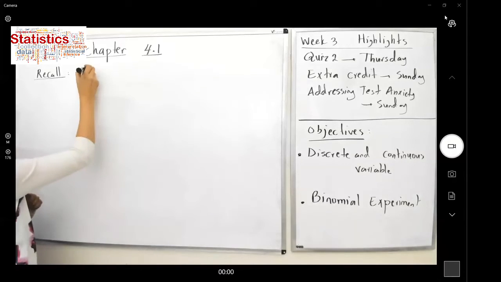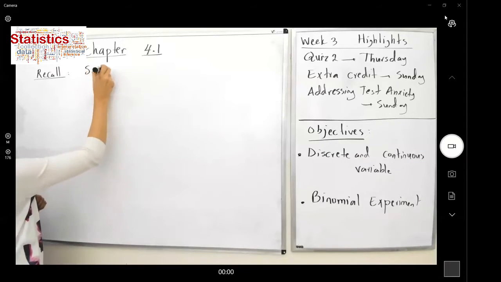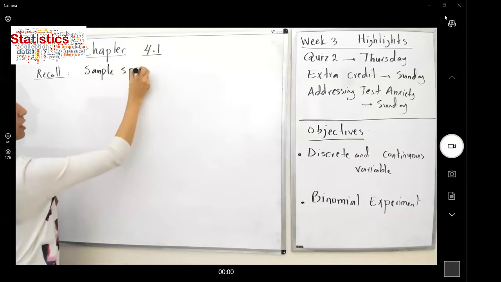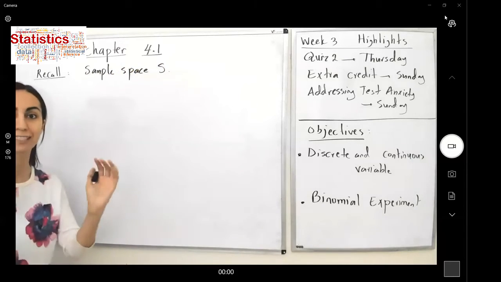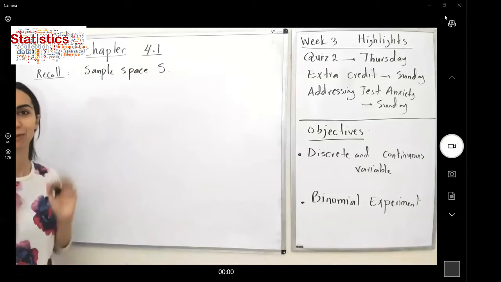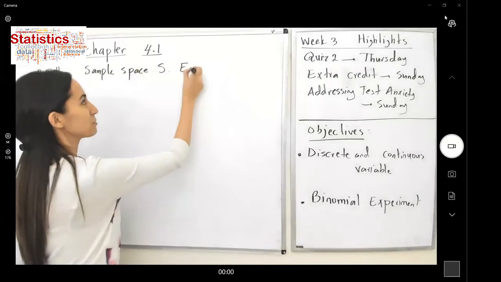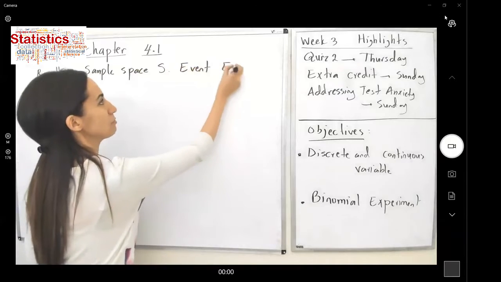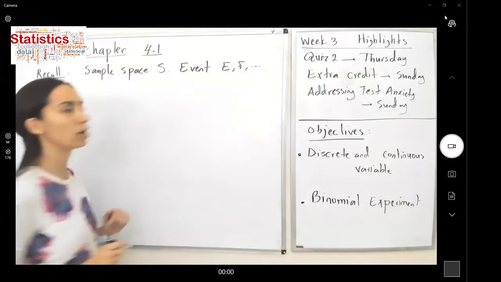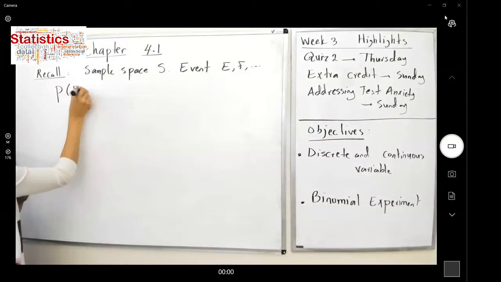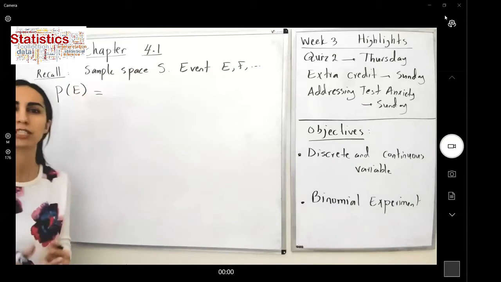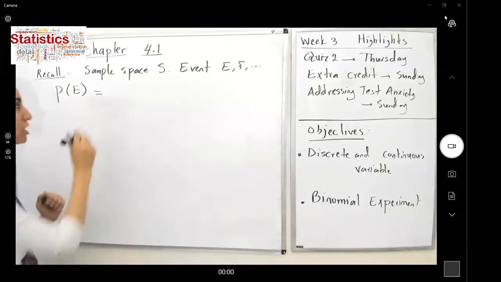So we say that, hey, we have a sample space like S. We can take some subsets of that sample space and define events like E, F, and so on, and we can find the probability of that event, which is equal to a fraction.